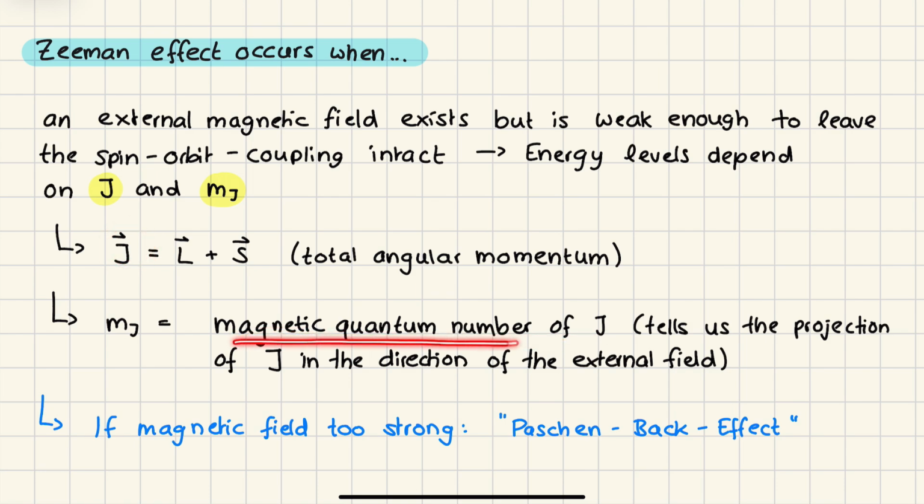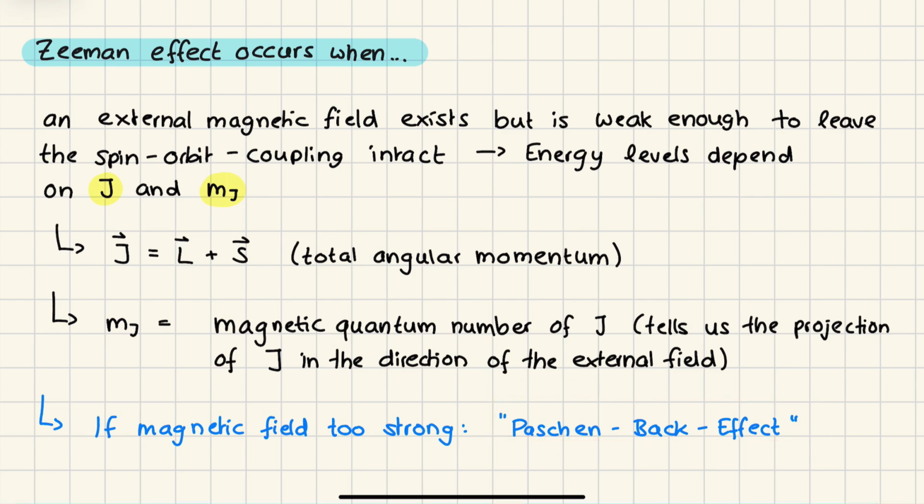This magnetic quantum number of J tells us basically how much of J points into the direction of the external field. But for the sake of this video, it's enough to simply know that Mj exists and that the energy levels of the Zeeman splitting depend on J and Mj. If the magnetic field becomes too strong and breaks apart the spin-orbit coupling so that L and S are no longer coupled into J, the Paschen-Back effect occurs, which we will cover in a different video.